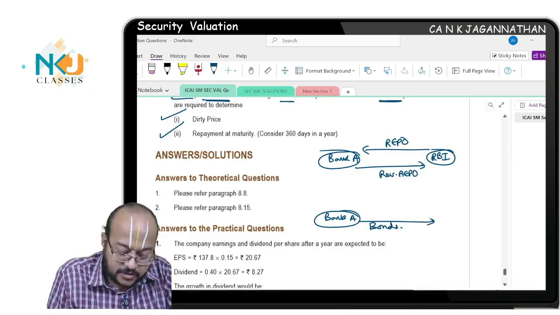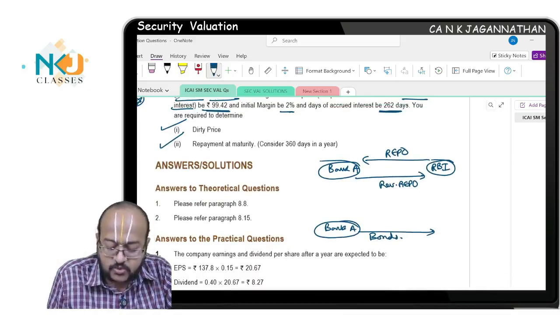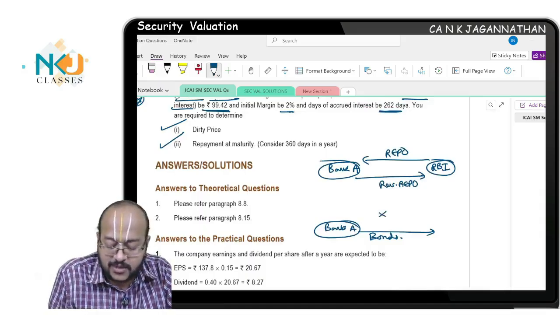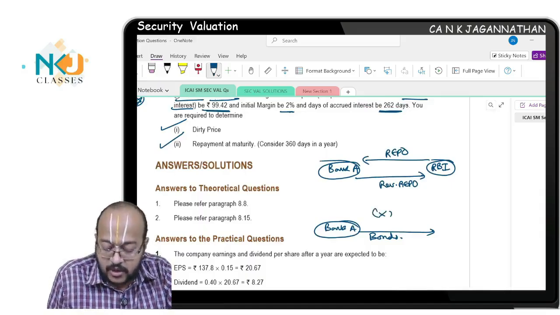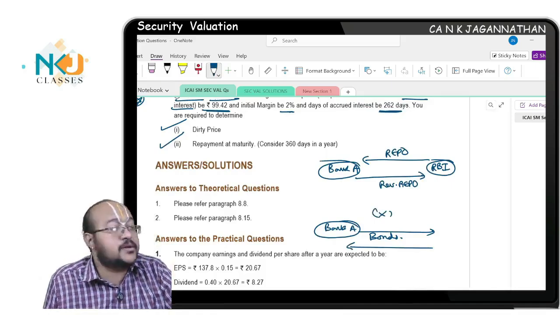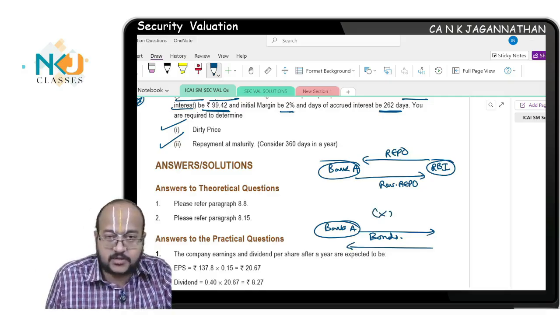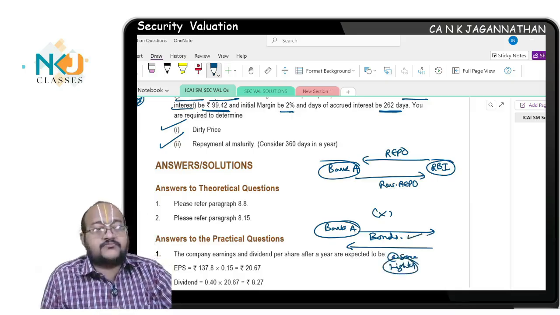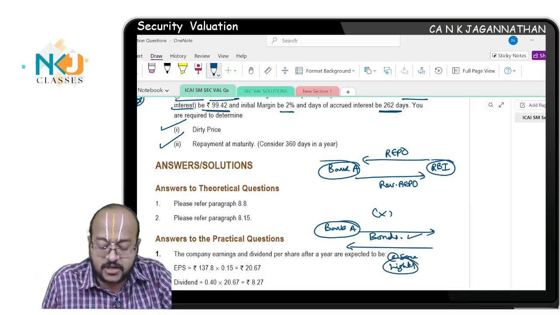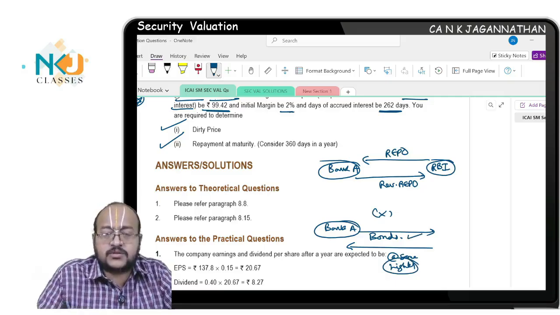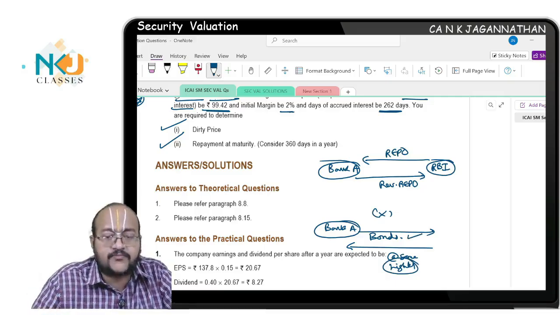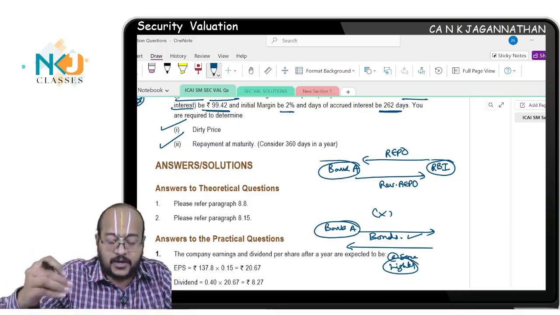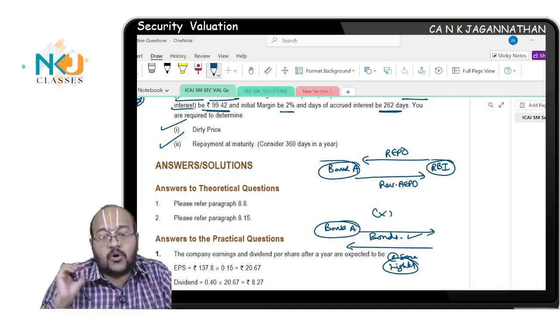It issues the bond at some discounted price, some X price, and the bond will be repurchased. This is a repurchase agreement. So it will repurchase at some higher price, higher than the initial purchase price. Assume it issues the bond at 98 rupees. After some specified period, it will buy back the bond.